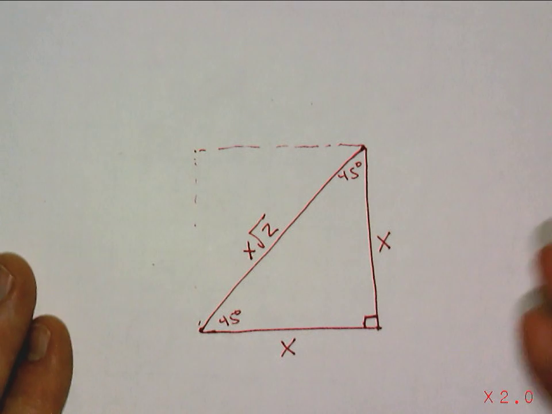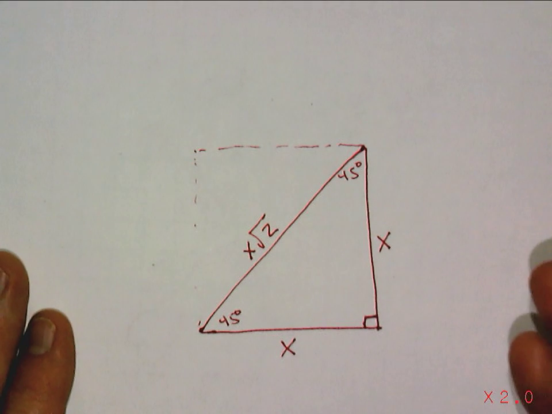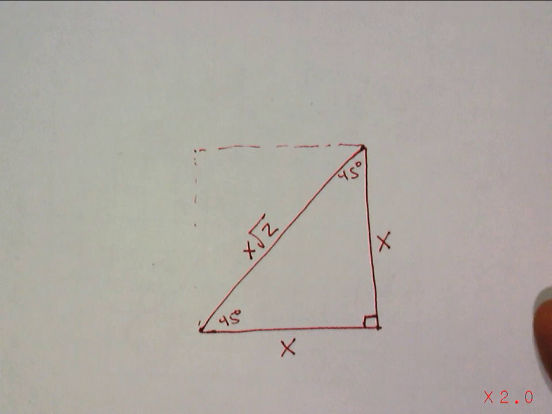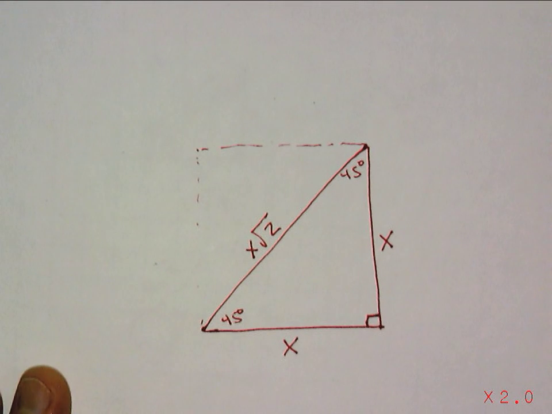And so that's kind of a simple way of, if you ever run into a situation where you have a 45, 45, 90 triangle and you're given one side, one part of it, all I need is one piece of the 45, 45, 90 triangle, and I can get the other sides of it fairly easily.